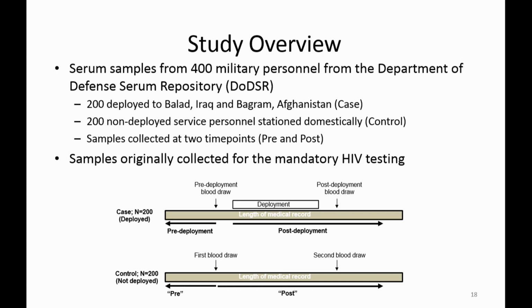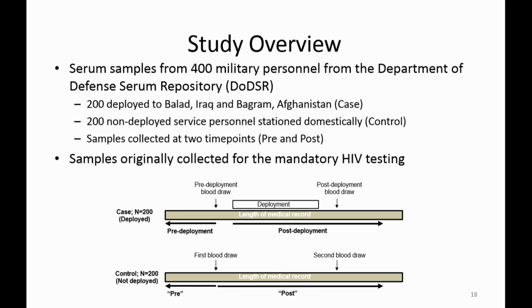The controls were matched with the cases, so they were age and gender matched. As I mentioned, the samples were collected at 2 time points, pre and post. Just like the previous example, these samples were originally collected for the mandatory HIV testing. So here's a brief overview of the study.